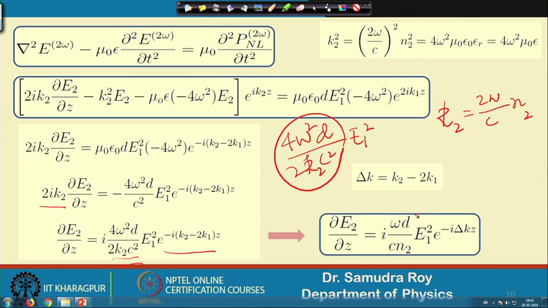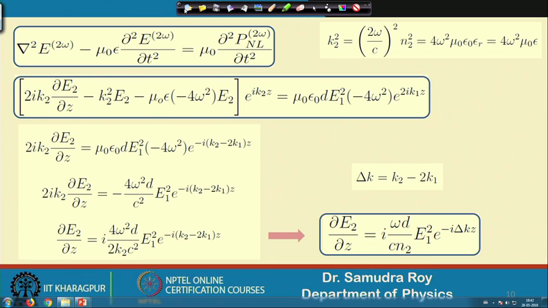So, eventually I have omega d divided by c n E 1 square e to the power i delta k z. This is a very important expression that we have. This is the expression for the evolution of the field E 2, which is a complex amplitude, the field of the second harmonic. So, how the field of the second harmonic is evolving is shown in this equation.